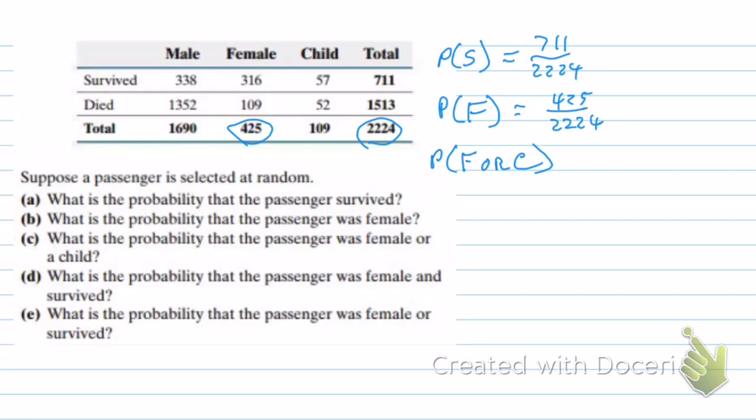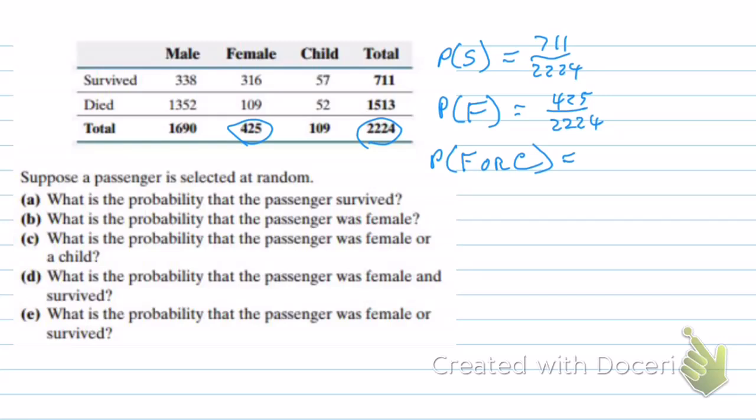My next question is, are female and child disjoint, the way they did it? Yeah. Female means adult female, child means not an adult. So I could have female children, but they count as a child, not as a female. Okay, that's how they did this table. So you have to know how they did it. So are they disjoint? Yeah.